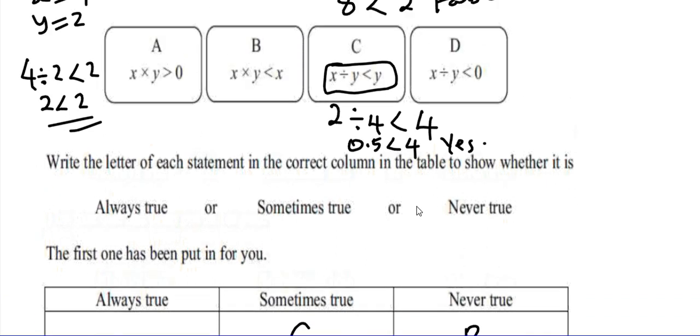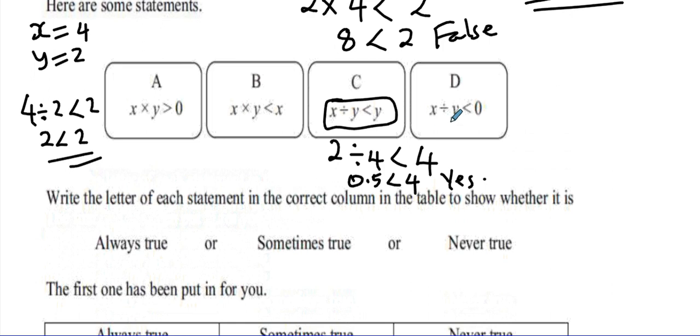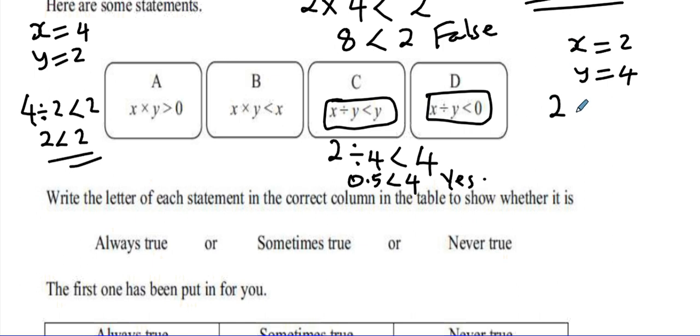All right. Let us see the last option here. We said let x be equal to 2 and let y be equal to 4. And let us do x divided by y. X is 2 divided by y is 4. Okay, 2 divided by 4, this is 0.5. Now is 0.5 less than 0? This is false. 0.5 is not less than 0.